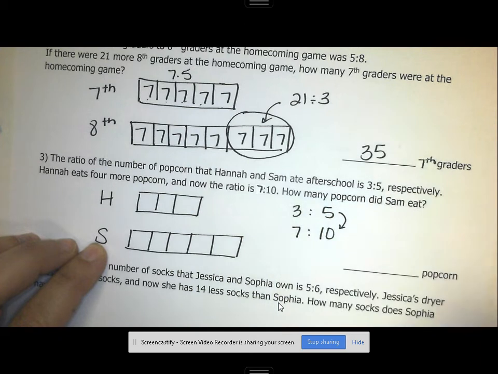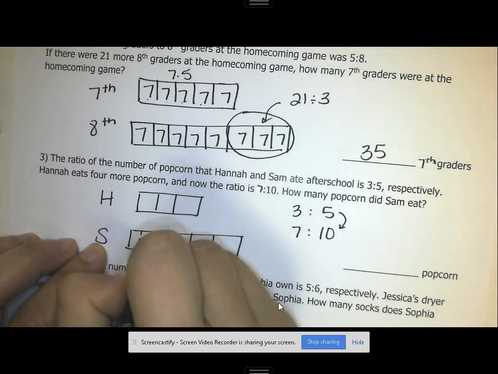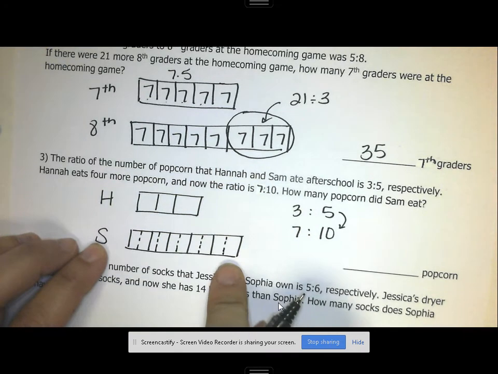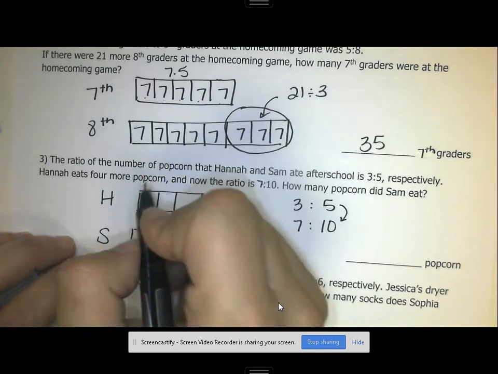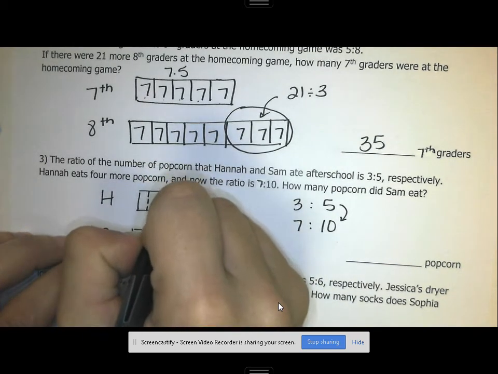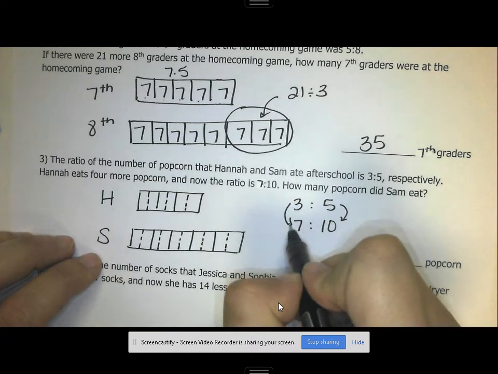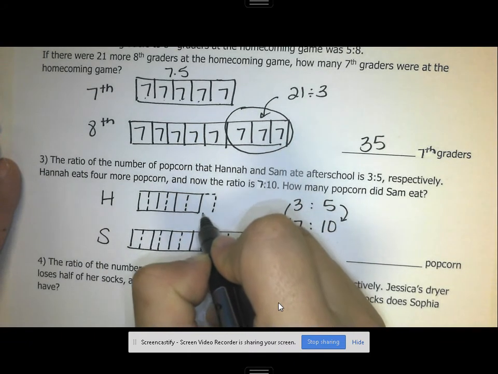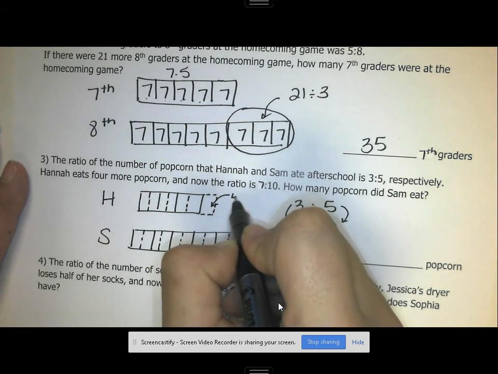But what I can do to make the 5 into a 10 is split the boxes by taking the 5 boxes and splitting them all into 2 boxes. So now I have 10 boxes for Sam. Let me do the same for Hannah. You'll see I have 6 boxes for Hannah. But I need to have 7 because Hannah changes the ratio when she consumes 4 more popcorn.